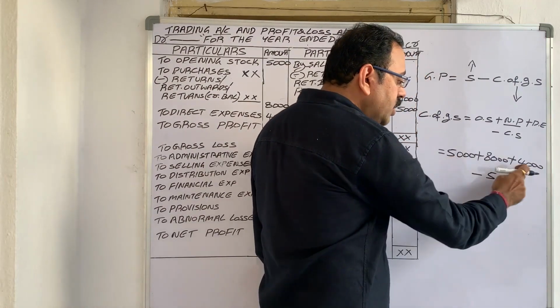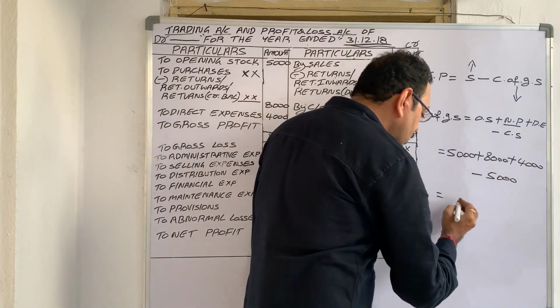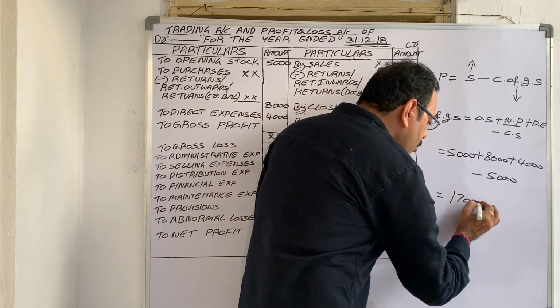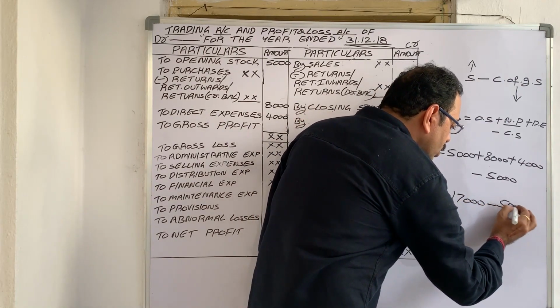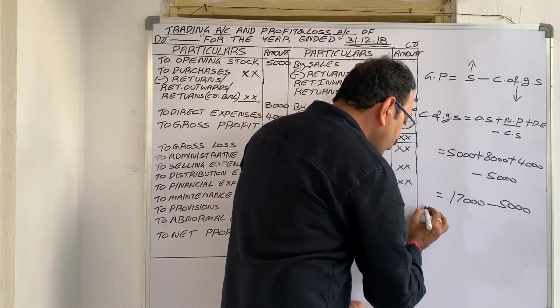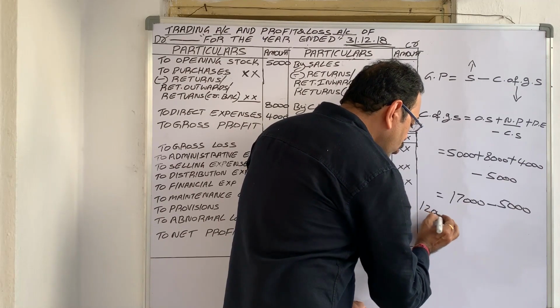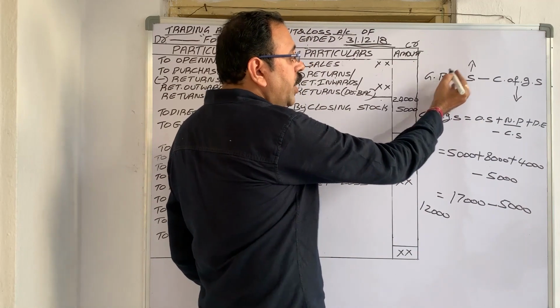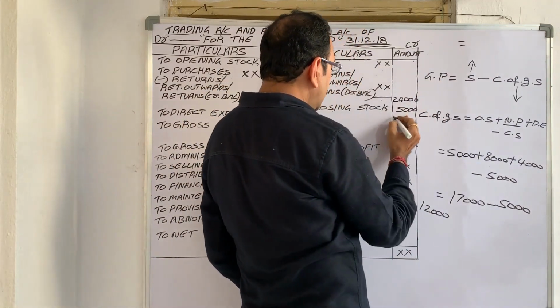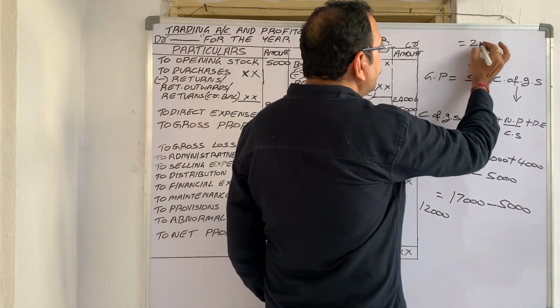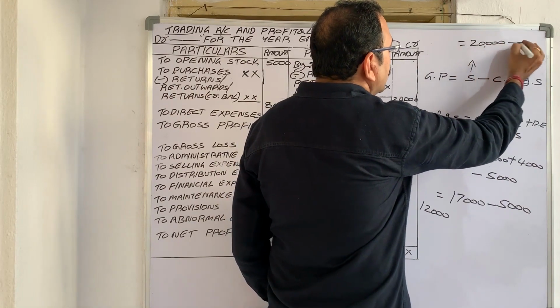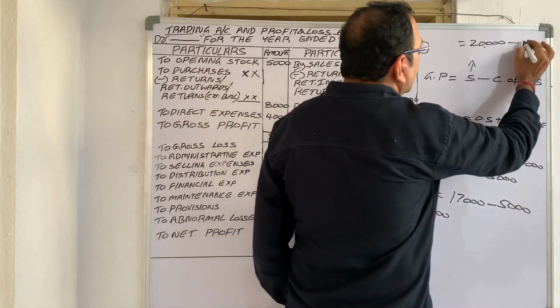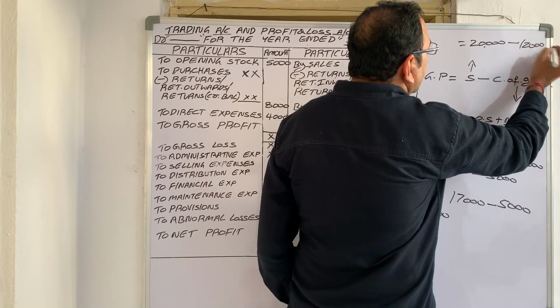Then 5 plus 4, 9 plus 8, 17,000 minus 5,000. Cost of goods sold is equal to how much? 12,000 rupees. Now, how do we get gross profit? Sales amount is 20,000 minus cost of goods sold is 12,000.